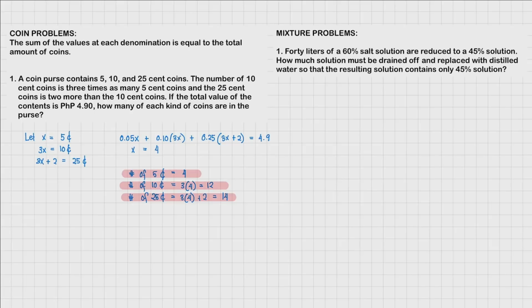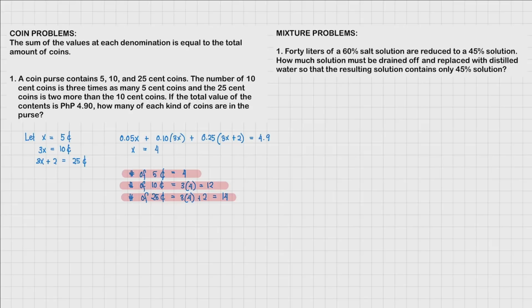The key point in mixture problems is in terms of their component parts. To understand this better, let's try and solve this problem. 40 liters of a 60% salt solution are reduced to a 45% solution.